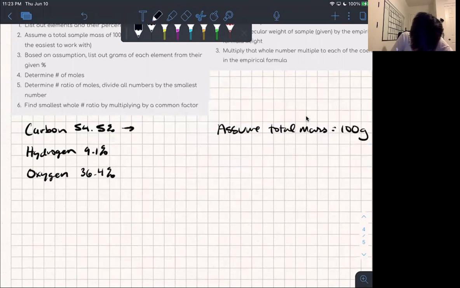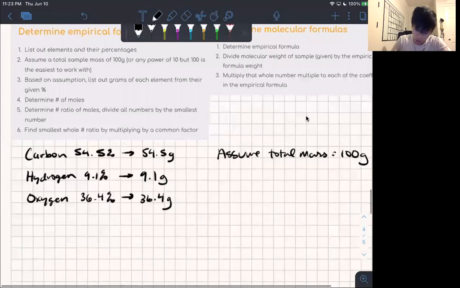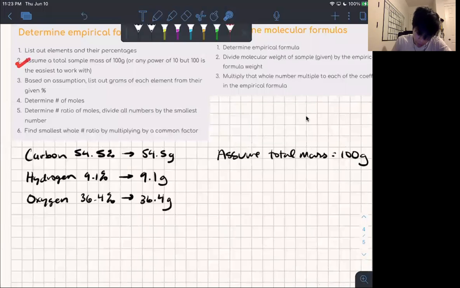This will turn into 54.5 grams, 9.1 grams, 36.4 grams. Okay, so we just did number 2. Number 3, based on that assumption, list out the grams for each element from their percentage, which is what we just did. We convert the same numerical value, we just change the units.